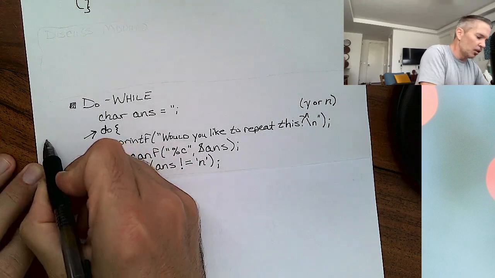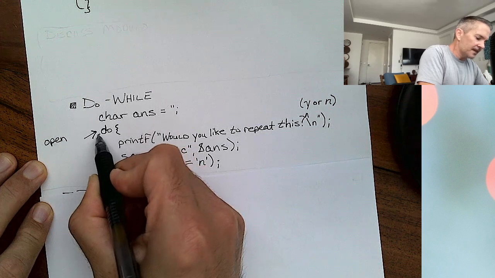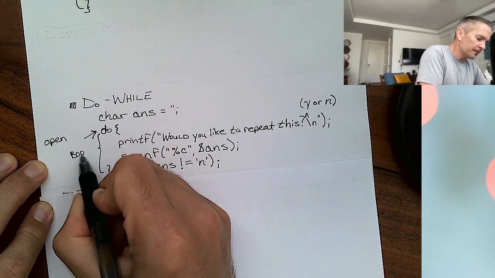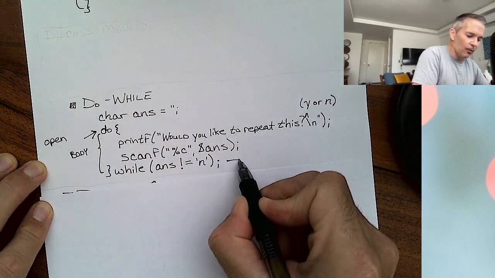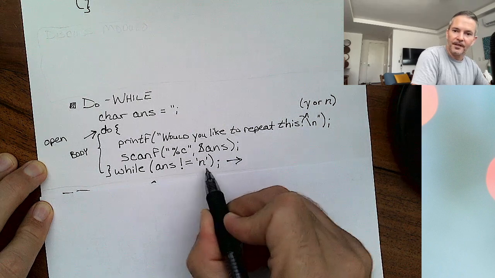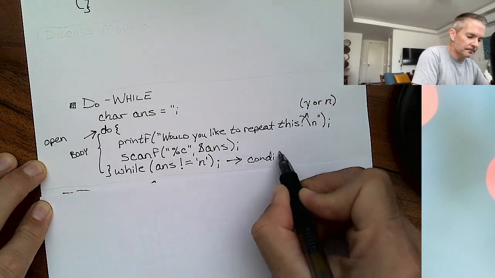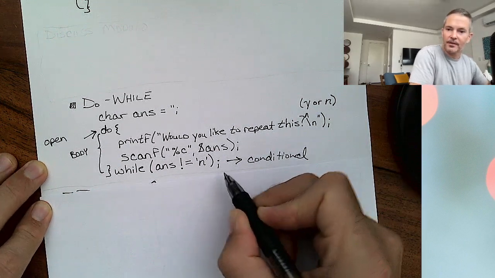This is the opening of the do-while loop. Then I express between curly braces the body of the loop. Finally, I write a while, and then in parentheses, I have a conditional. And notice I have to add a semicolon after the conditional.